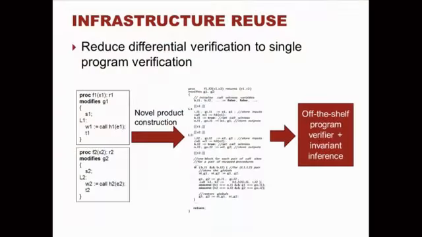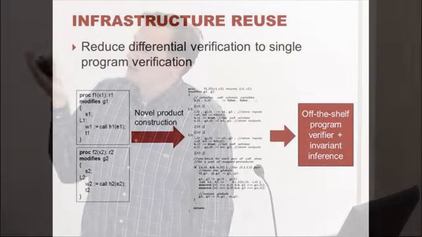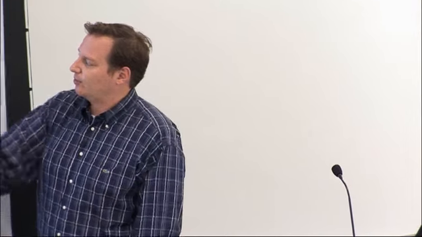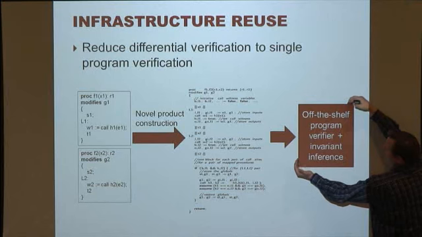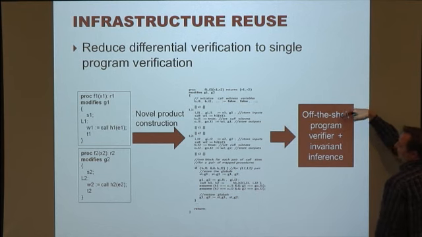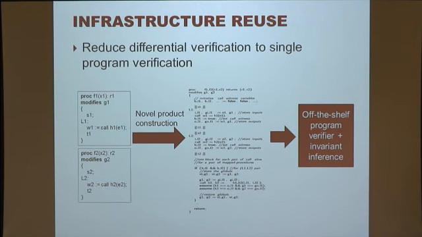OK. So yeah, the key benefit of this is that you can reuse the infrastructure. Once you create a product program, this box here is what you already have. So this is, for example, Boogie and Houdini, which is really nice. You don't have to develop really anything special for discharging these product programs. And we leverage this a lot in our work.